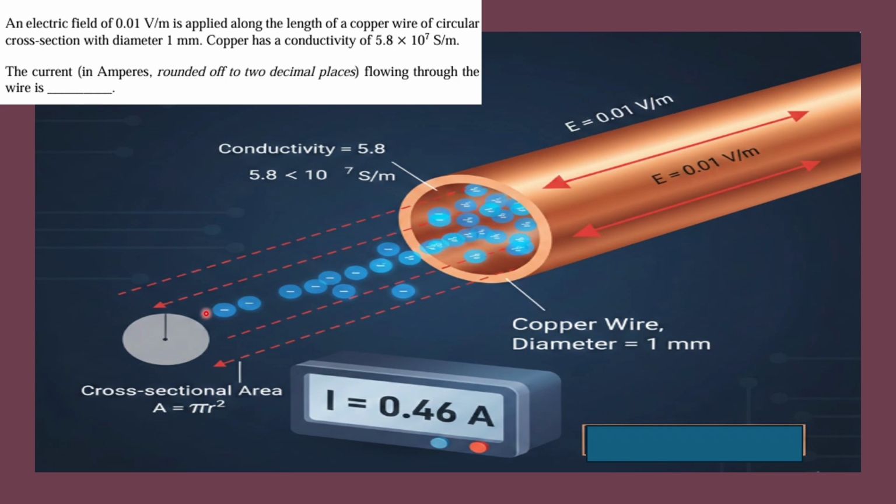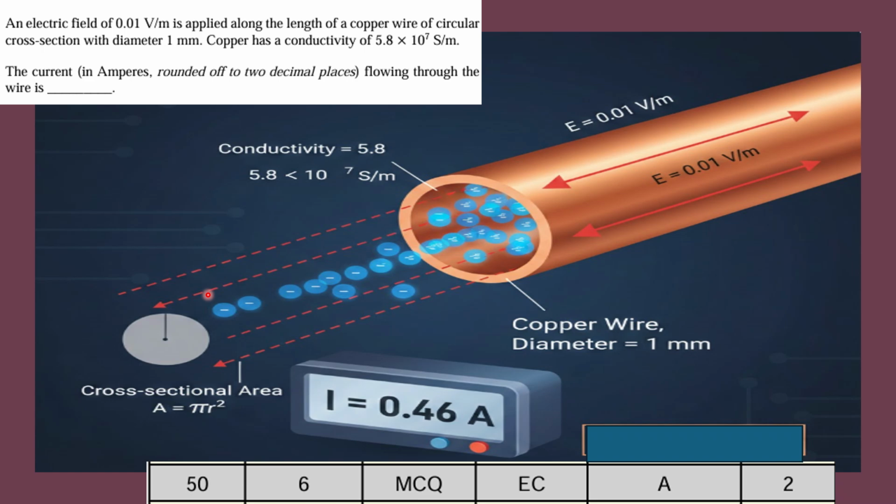So nothing to do, just find the current density, conductivity into E, and after getting the current density, we multiply by the area and get the final current. Clear? Okay, let's go for the calculation. So the correct answer is A.